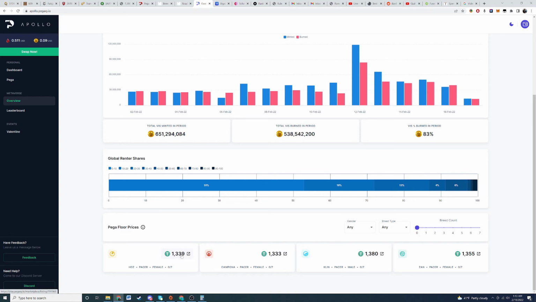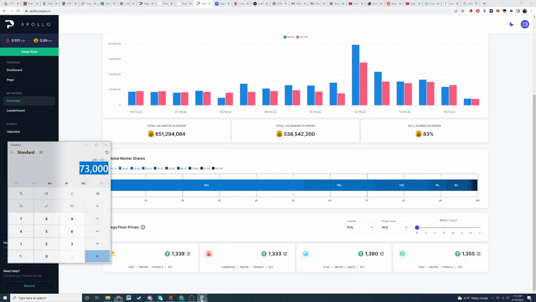I would probably spend the extra $6 and get a Haas over a Campona because of those cooldown timers I mentioned earlier, which, if you do your research, you will be educated about. So to get in right now and buy a pair of virgin Haases would require about $2,678. So it's $500 cheaper than I was able to get in.